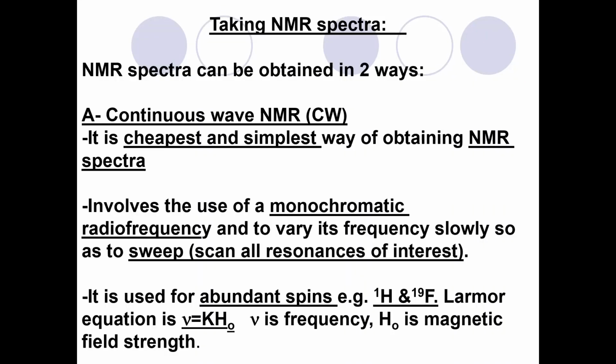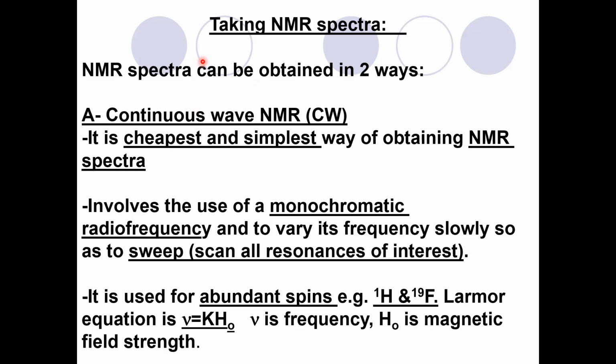NMR spectra can be acquired in two ways. First, use of continuous wave NMR. This was used in all the old machines. It is a very simple and cheap way of obtaining NMR spectra. It is only suitable for abundant spins, in which case these atoms have high natural abundance like proton and F19, and also high magnetic moments.